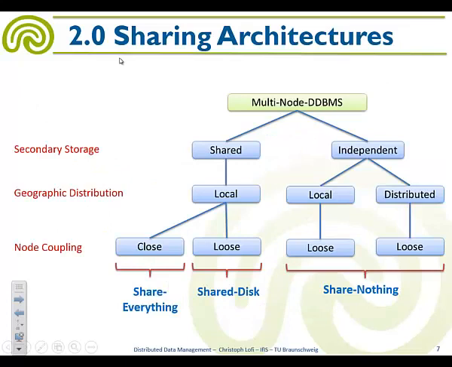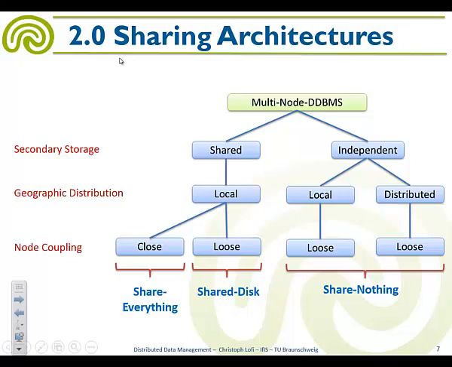And basically what we have in distributed databases is looking like that. So we have the overclass of multi-node DBMS, so distributed database management systems. And first thing we can classify is if they share secondary storage or not. If you have shared secondary storage, then usually that means that all nodes are local, they are all in the same site, because sharing secondary storage over multiple sites does not really work well.